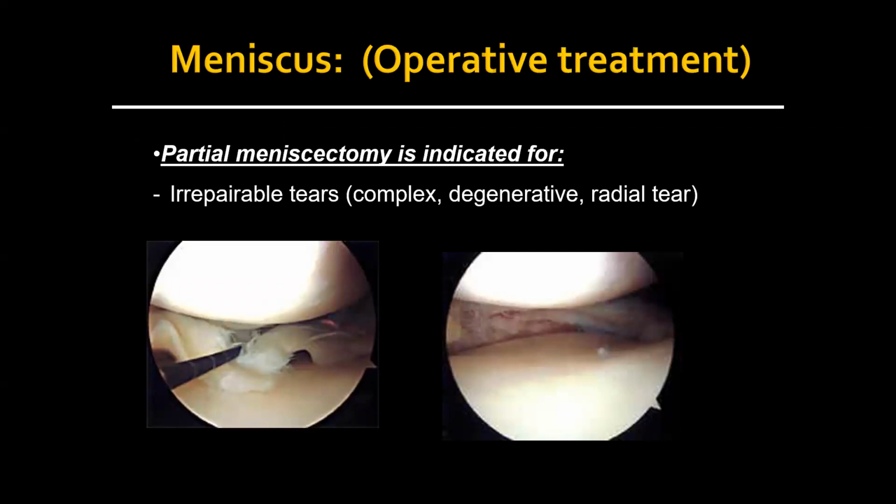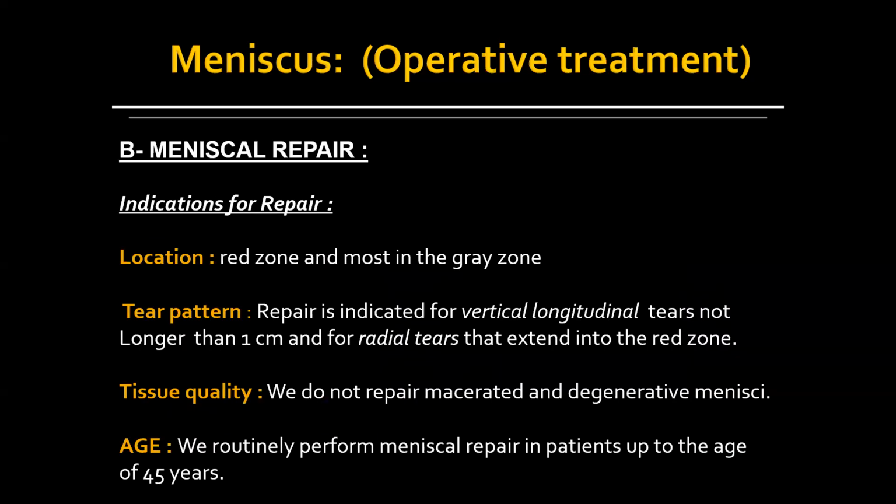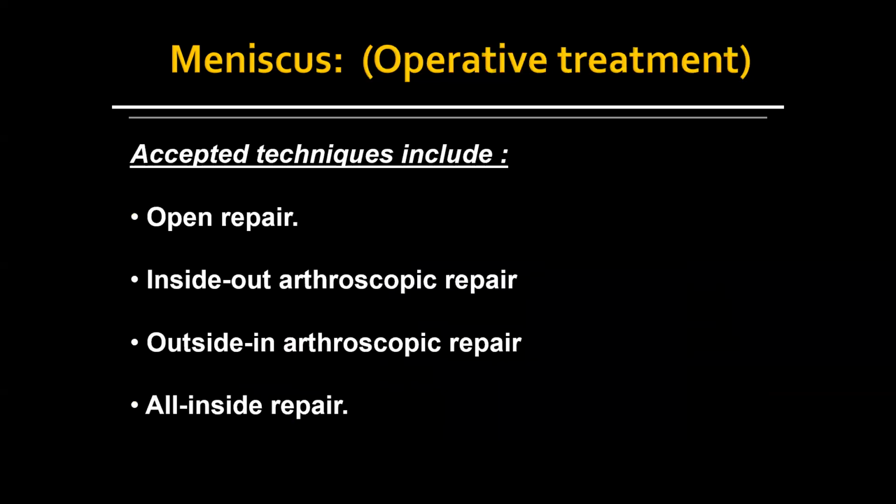That's an example of a degenerated tear of a meniscus, which was managed by partial meniscectomy using arthroscopy. Again, if we can repair the tear and conserve the meniscus, we prefer to do so, but there are certain prerequisites for the surgical repair. And there are different surgical techniques to do that.